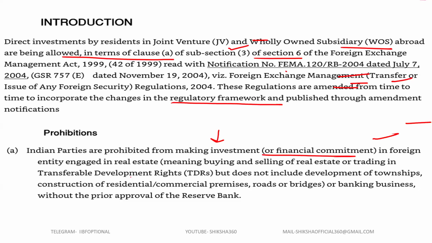Sometimes they will ask what is the full form of TDR, that is transferable development rights. It does not include development of townships, construction of residential or commercial premises, roads or bridges, or banking business, without the prior approval of the RBI.